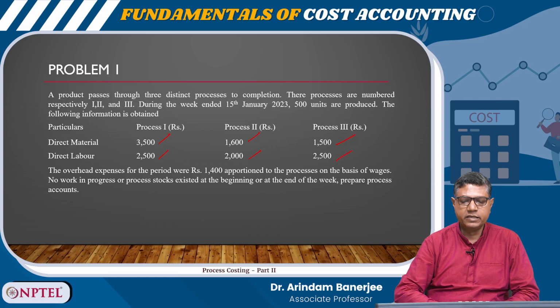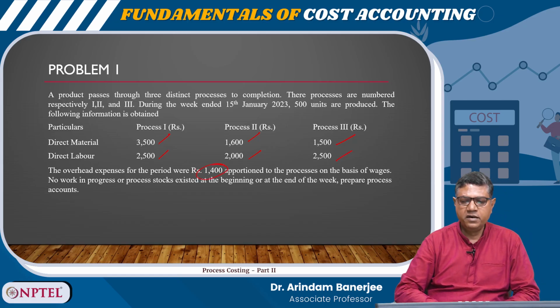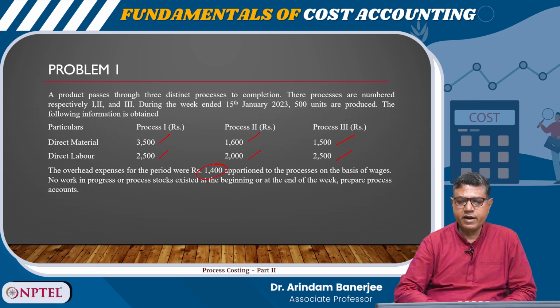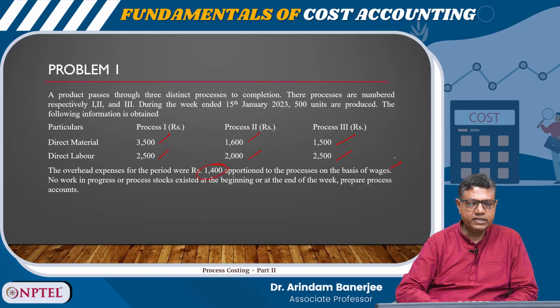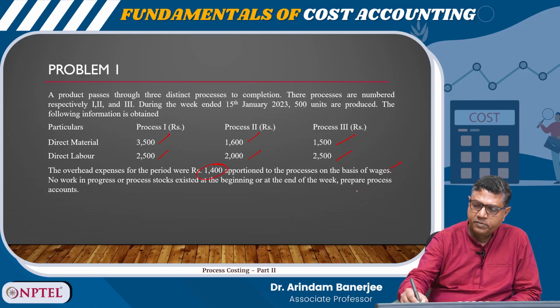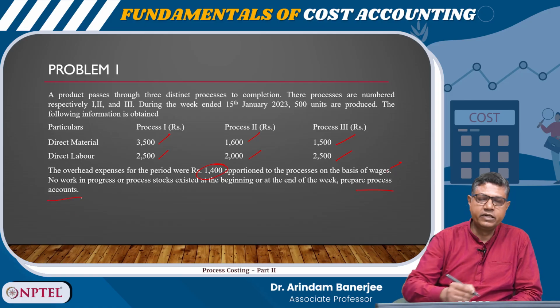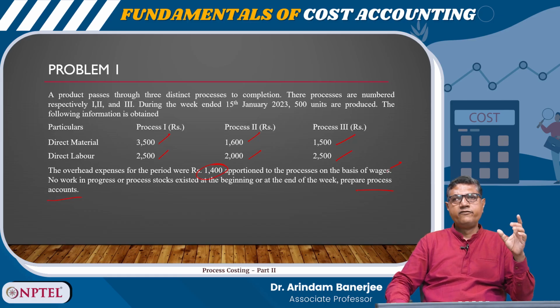The overhead expenses for the period were rupees 1400, apportioned to the processes on the basis of wages. No work in progress or process stocks existed at the beginning or at the end of the week. Prepare the process account. So, we have to construct the process account from this information.